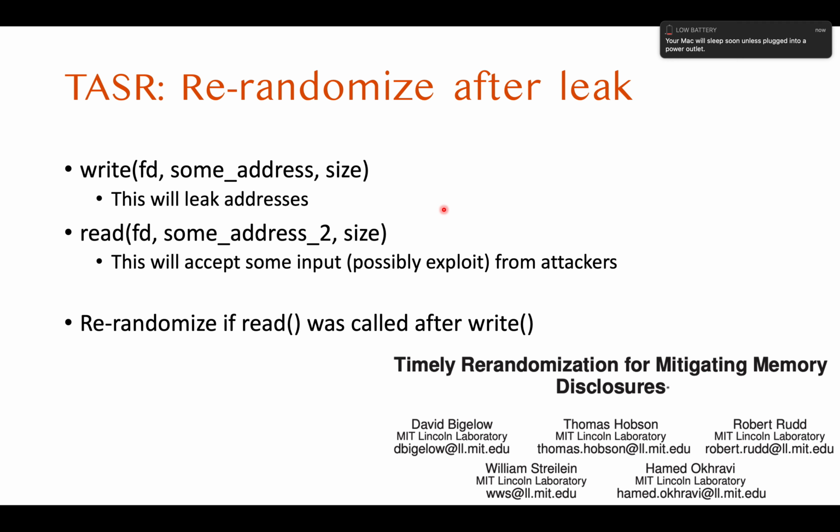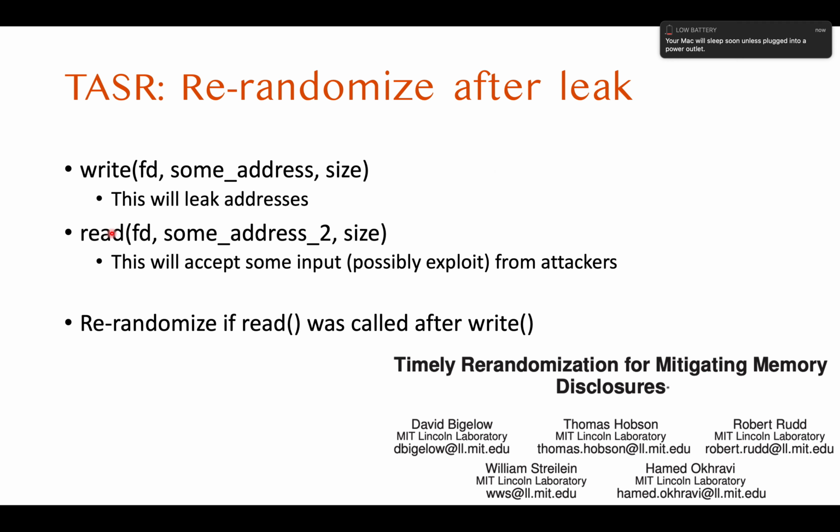One work is called TASR, a timely re-randomization for mitigating memory disclosures. What it does is this: if we have a write system call, this is data being sent from the program to the attackers, so this may leak some address information.